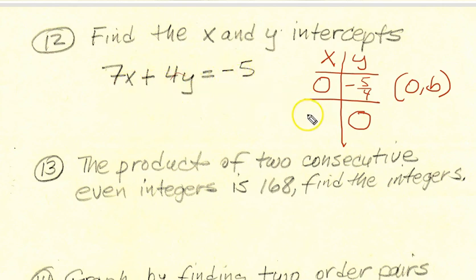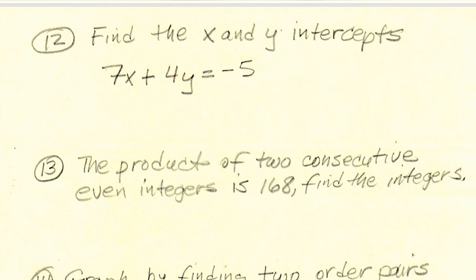So you solve for the x, and that'll be a negative 5/7. And again, this is your x-intercept, which is a, 0. You put that in the correct places, the graph forms, and that would be number 12.